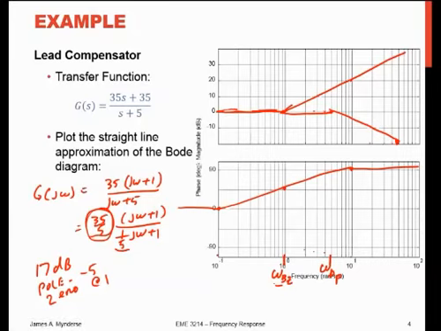The phase of my pole there, it should go through minus 45 right there at the break frequency, and it should go through this point here. I'm going to erase that one, and it should go through this point here.